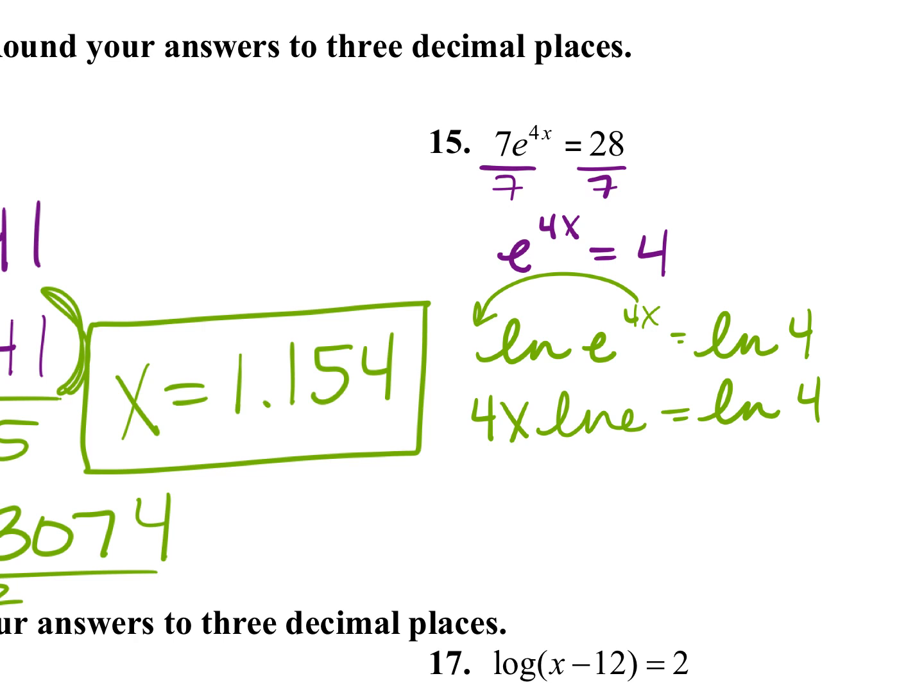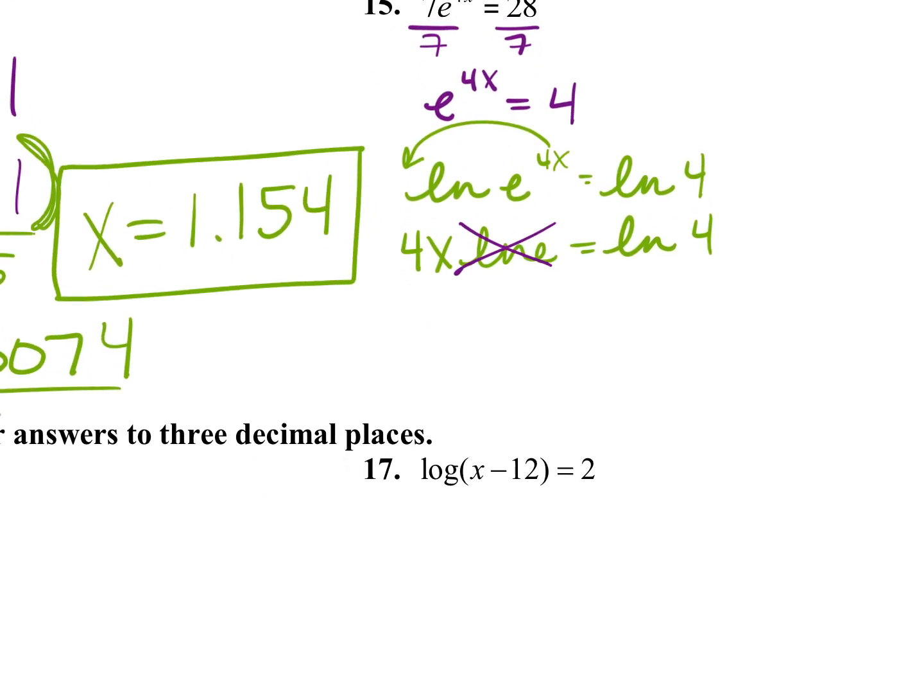Lenny is 1, so just ignore him. And then divide by 4. Okay, and again, parentheses matter. Natural log of 4, parentheses, divided by 4. So you get x equals 0.347.